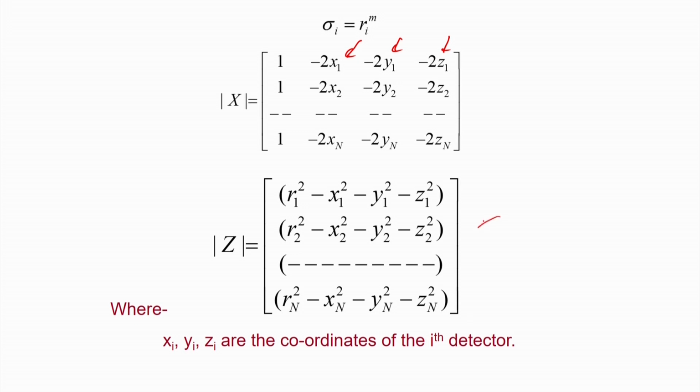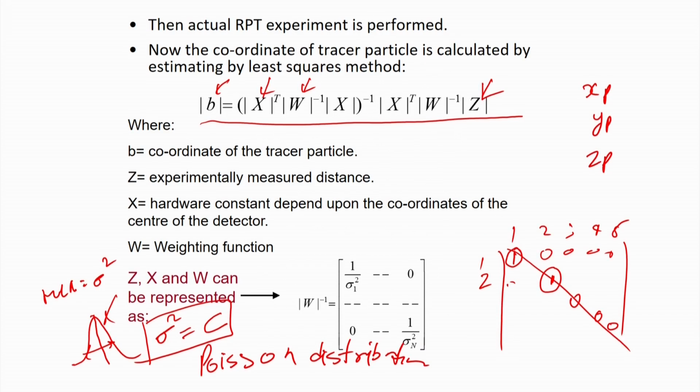This is the lookup table, which you already have. With all these parameters you can solve the equation and get the position of the tracer particle, xp, yp, zp. So you can reconstruct how the tracer particle is moving, clear? All these parameters are known, it is nothing but the distance, and you calculate the position of the tracer particle.